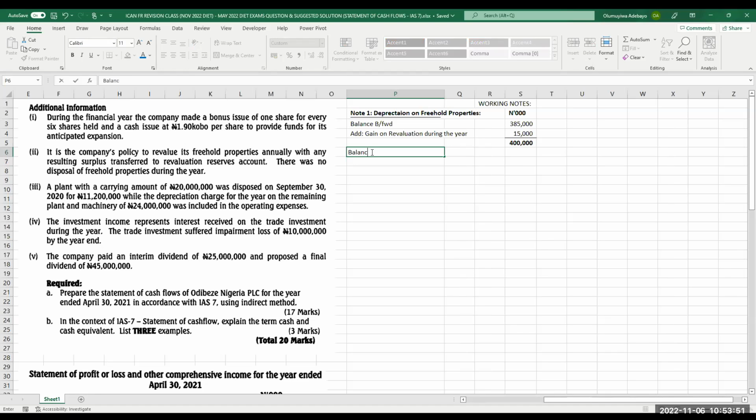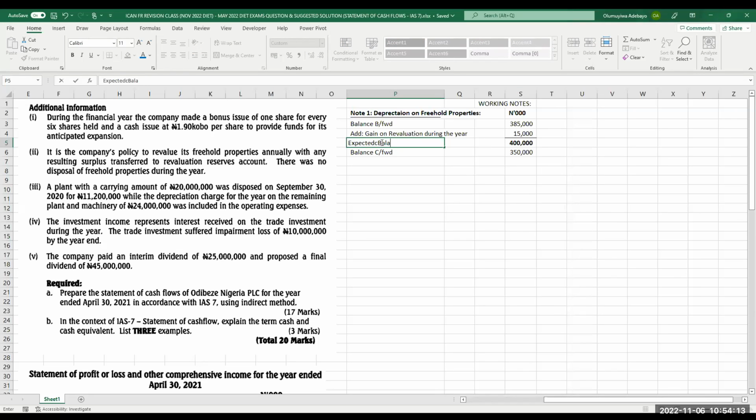Therefore, I'll compare my balance at the end, which I have in my balance sheet, with my purported balance that I ought to have, which is 400. I compare the two.